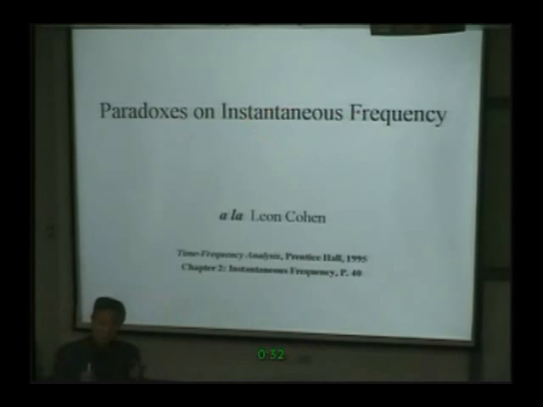And for those people that use Fourier analysis exclusively, they also think instantaneous frequency is impossible. Because if you use Fourier analysis or any integral transformation, there are uncertainty principles. You can either define time very precisely or frequency very precisely.